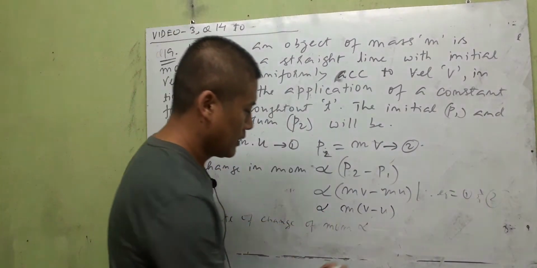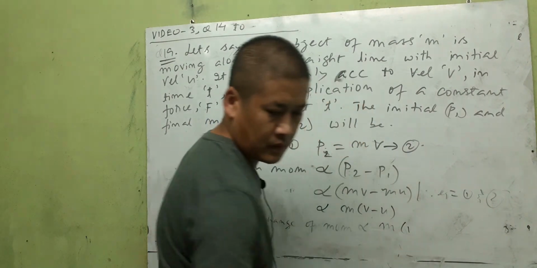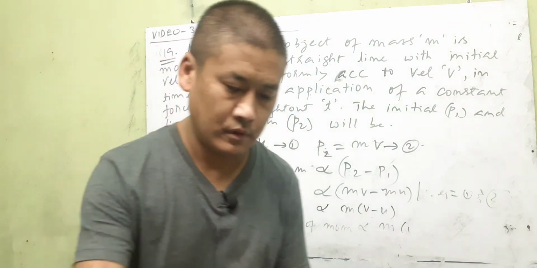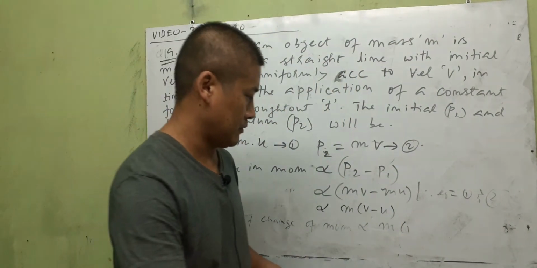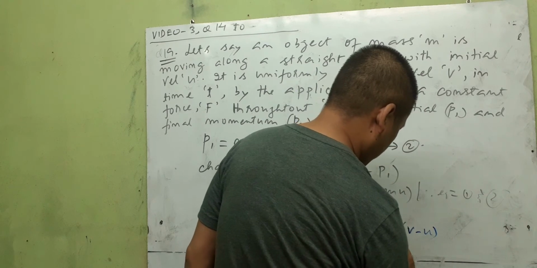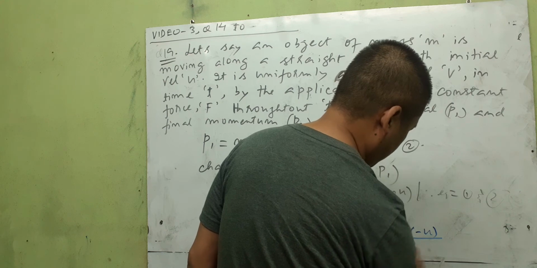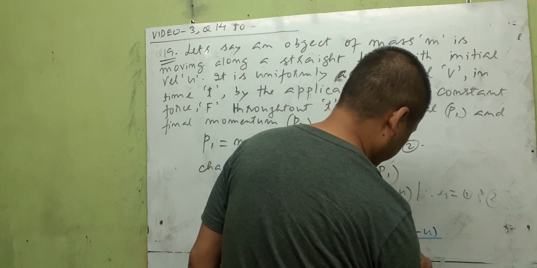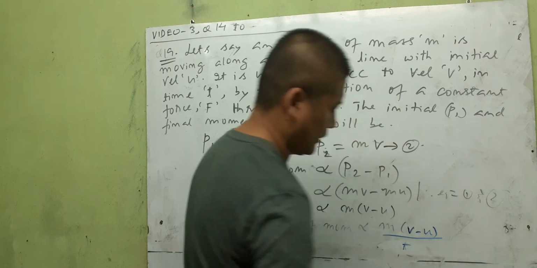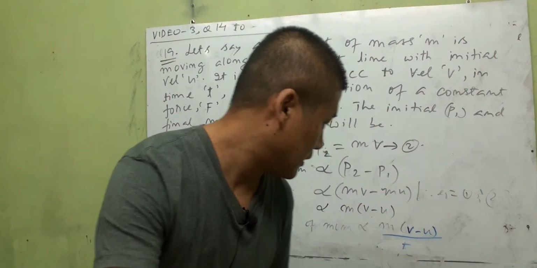So here m into v minus u, divided by t. That's the meaning of rate of change of momentum.